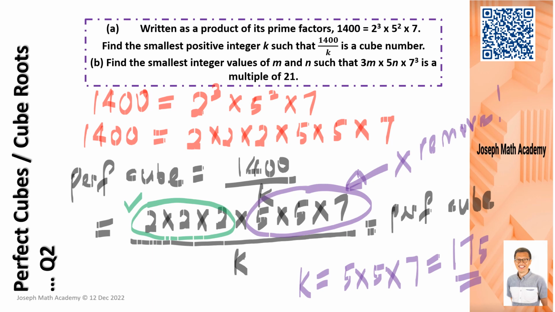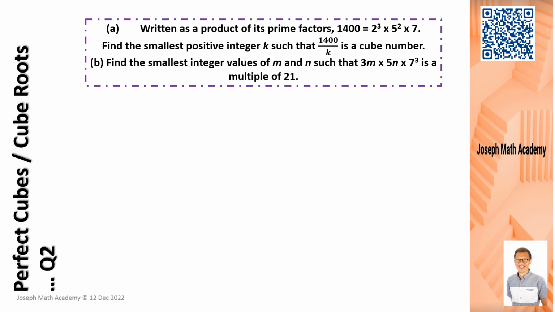So it is done, part A. Once we take 1400 divided by 175, we will get a perfect cube. We get rid of the one that is in purple, and we just retain the one that is in green. Let's move on to part B in the next slide.